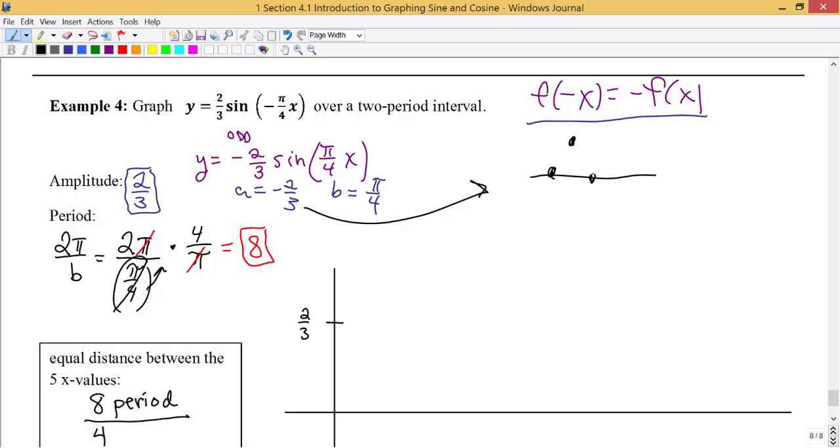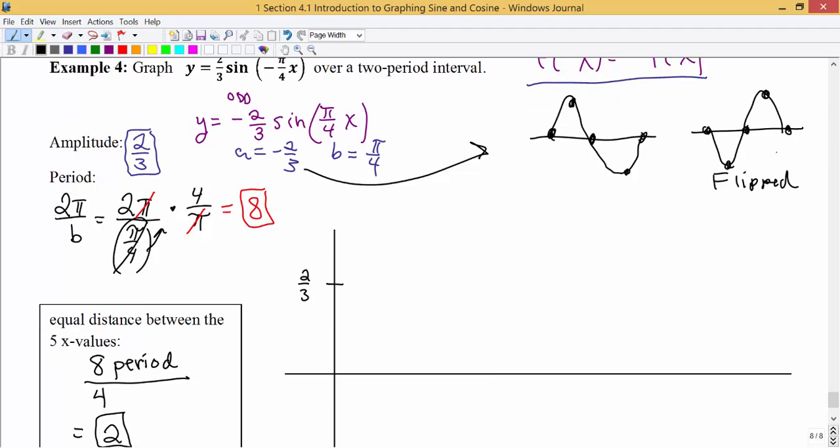Sine originally looks like this for our 5 key points, and we're going to flip that upside down. So what we're actually going to graph is going low first and then going high for that 4th point. Since a is negative, we have that flipped graph. We're just going to keep that in mind as we go forward.